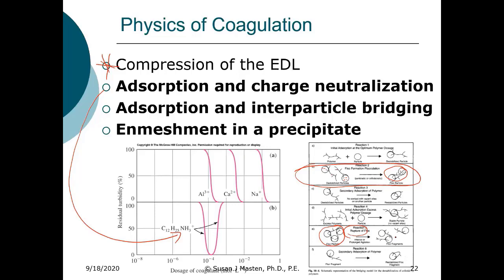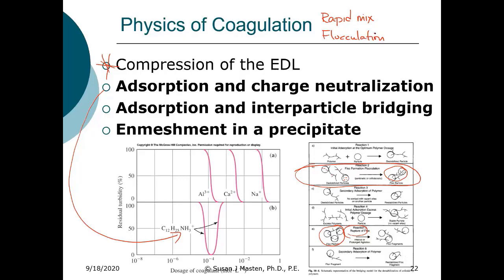So when we are operating a coagulation system, we talked about rapid mixing. So we want to ensure that the coagulant is dispersed throughout the solution. We then said that we have a flocculation basin.